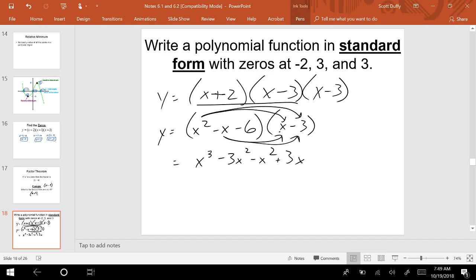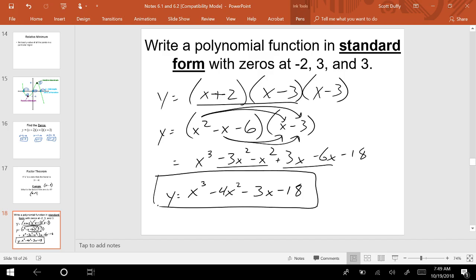Then take the -6 times x, and -6 times -3, which is 18. Put our like terms together. And there we go.